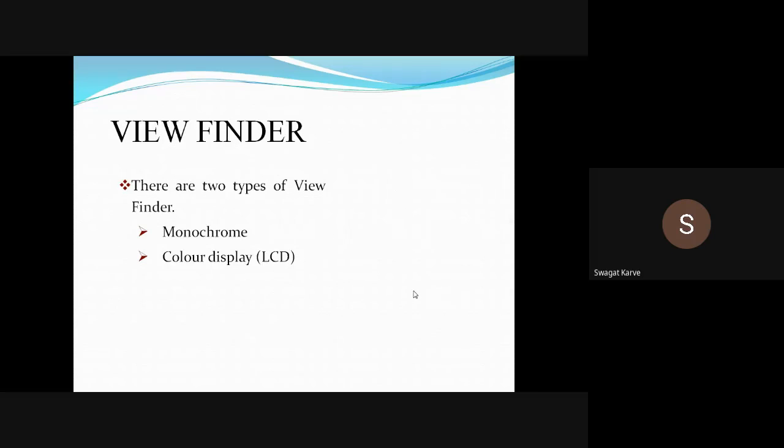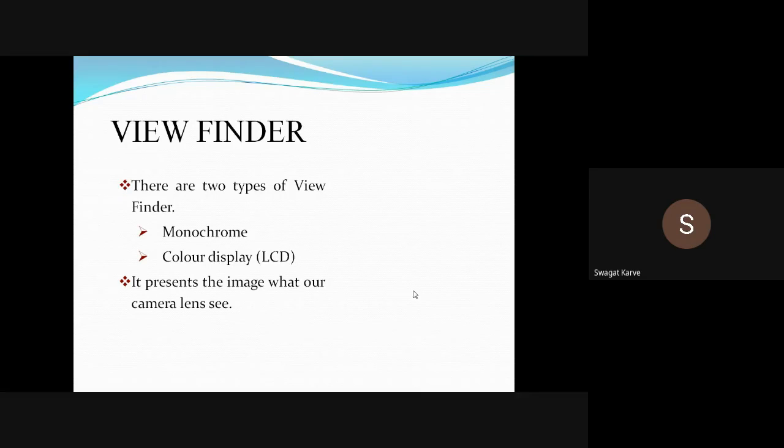Now what is the viewfinder? So there are two types of viewfinder. First one is a monochrome and second one is a color display. That means your LCD. It represents the image that our camera lens sees. Now we have captured our image, but what we have captured, that is, the object we have captured, to see it we must require a viewfinder.